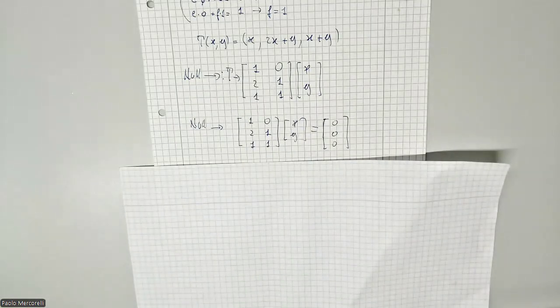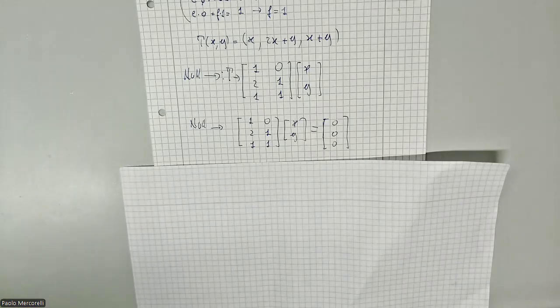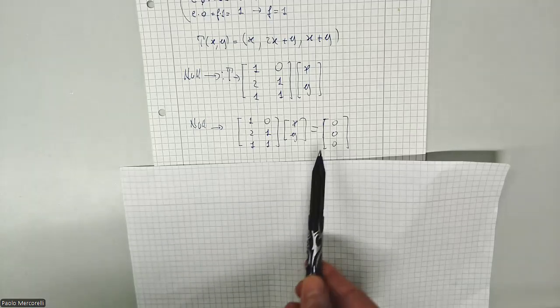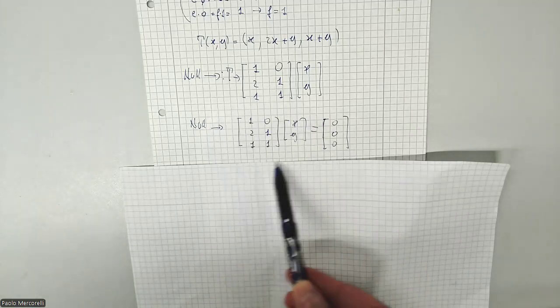Then, what about the kernel? The kernel is the set of the elements of the domain which are transformed into 0. This means this is the transformation.